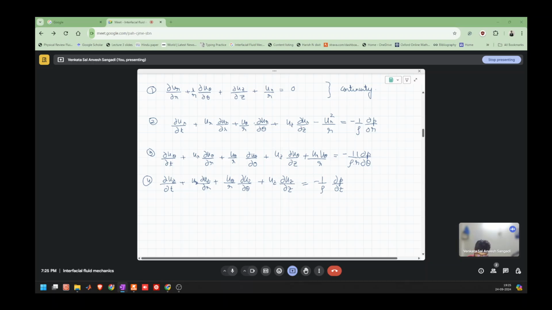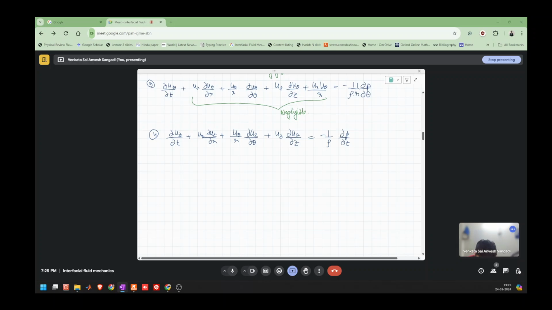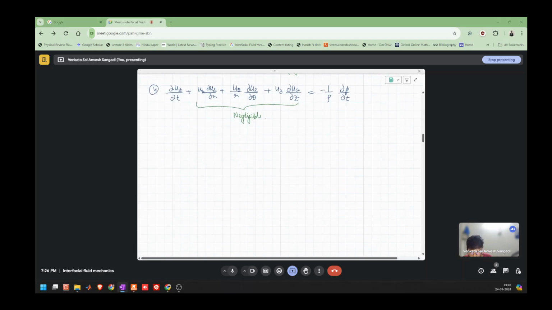So in these three equations, the quadratic terms will be negligible.